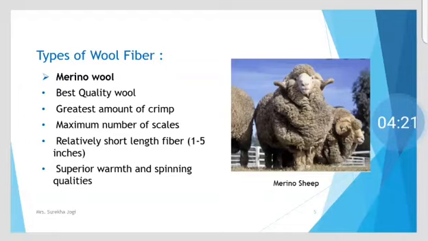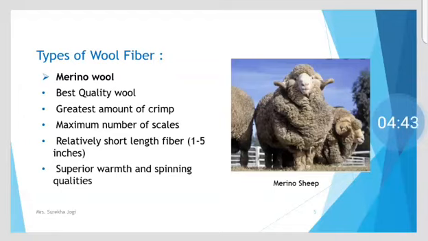Wool obtained from merino sheep is termed as merino wool. Merino is one of the breeds of sheep and it is much prized for its wool. Today, merino sheep are still known to have the finest and softest wool than any other sheep.